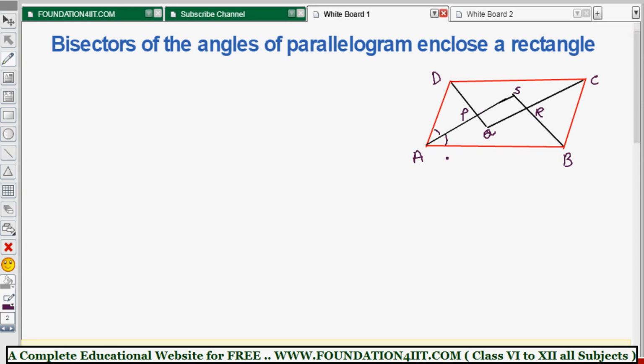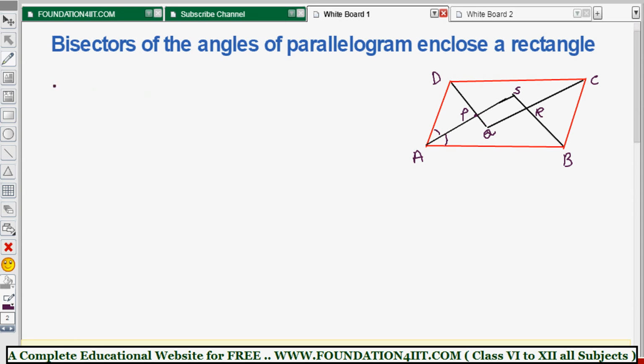These two angles are equal. That is DAP and BAP, so PAB and PAD. These two angles are the same. Similarly, these two angles. So every vertex has two angles. We have to prove PQRS is a rectangle. To prove PQRS is a rectangle, every angle must be 90 degrees. If I prove it, it's enough. This is PQRS is a rectangle.